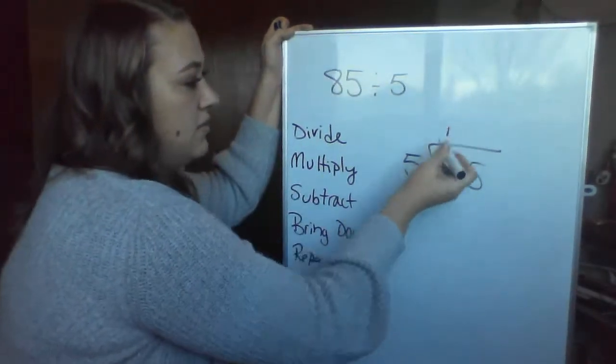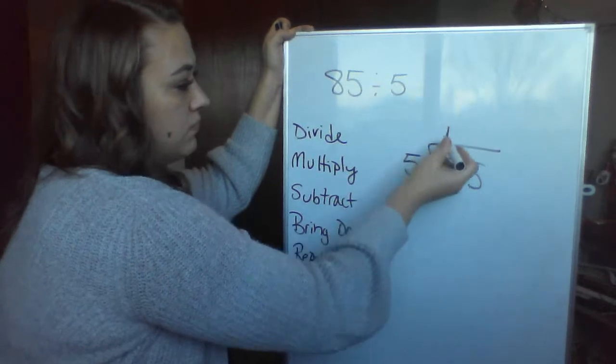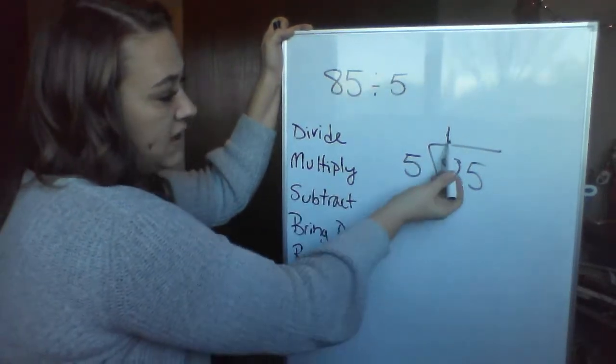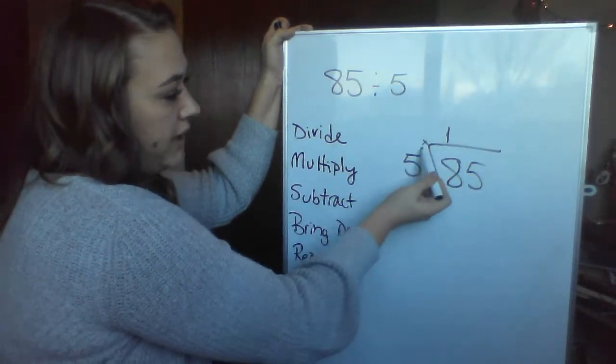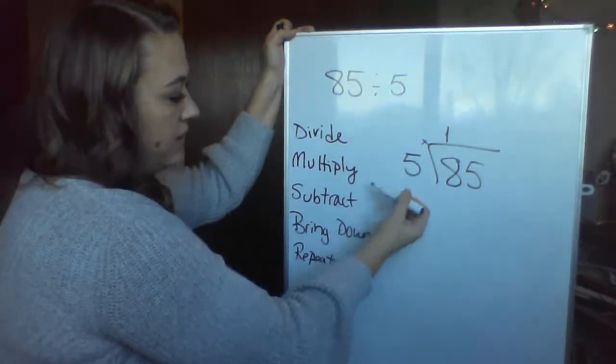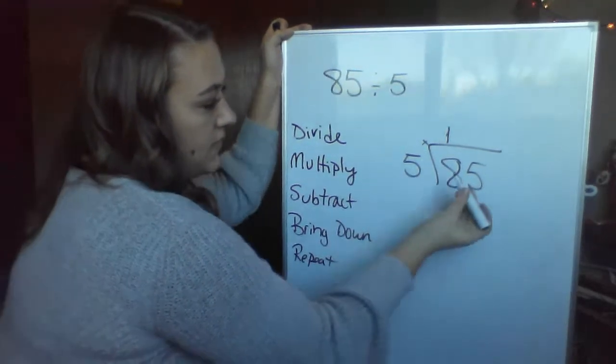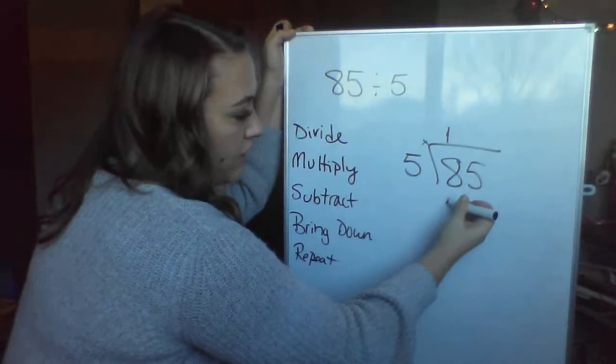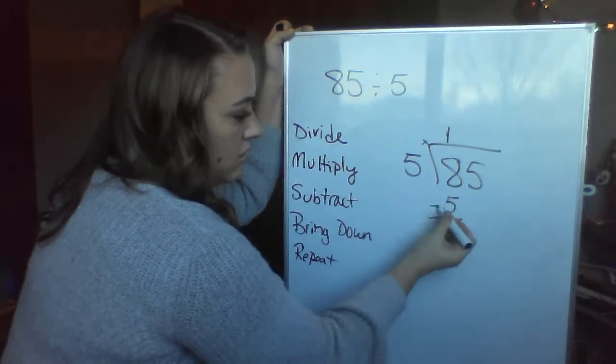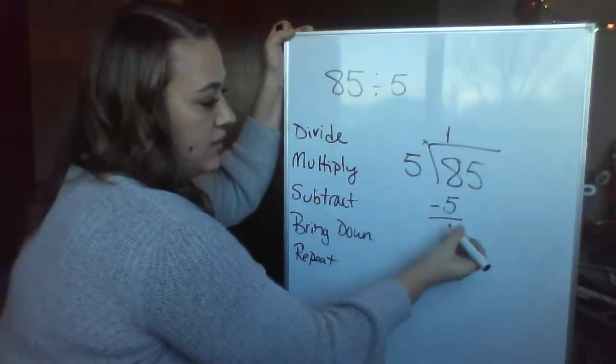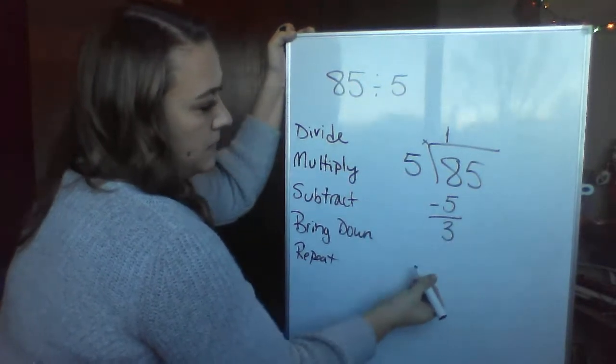So I have 1. Then I multiply. 5 times 1 gives me 5. I'm going to subtract that answer from what I divided into. So 8 minus 5 gives me 3.